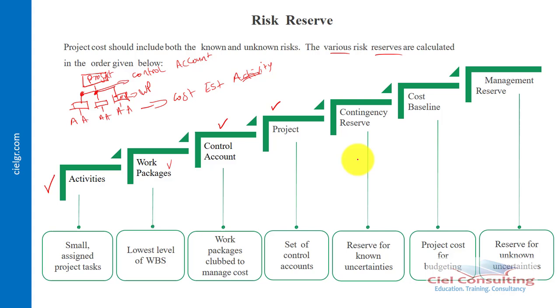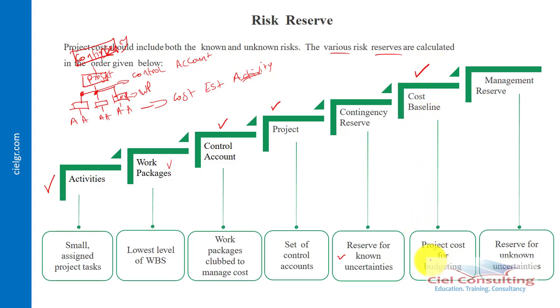After that, we talk about contingency reserve. Contingency reserve is that additional provision we make to take care of what we refer to as known uncertainties. That's exactly what your contingency reserve addresses. Your project estimate as well as your contingency reserve will then come together to make up your cost baseline.